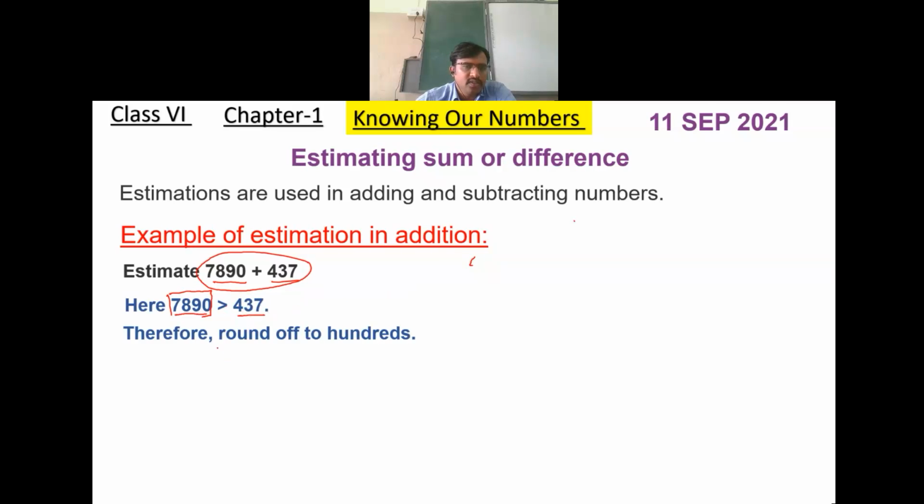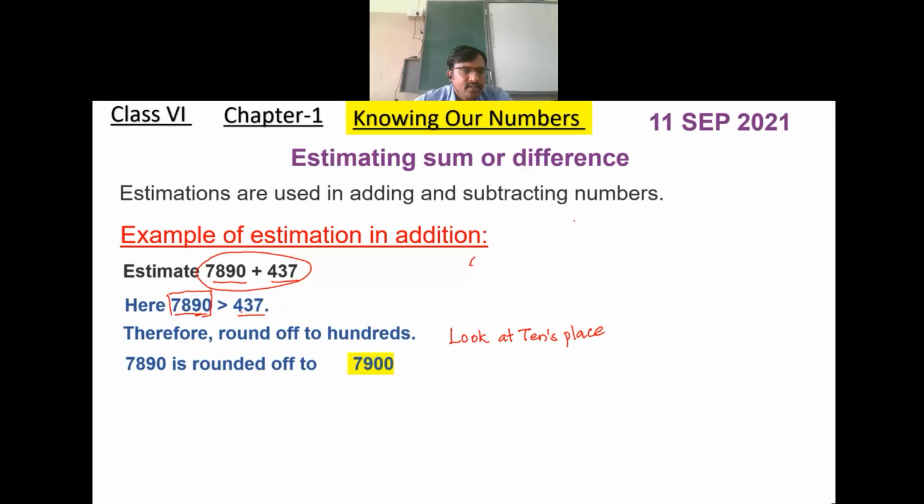When we round off 7,890 to the nearest 100, it becomes 7,900. The reason is we have to look at the tens place. Here the tens place is 9, which is greater than 5, so the next digit is increased by 1. 8 becomes 9.